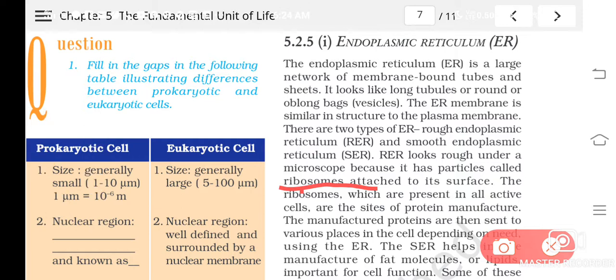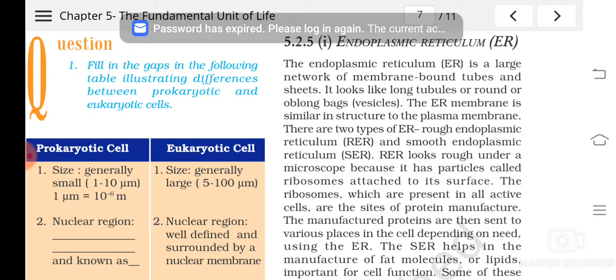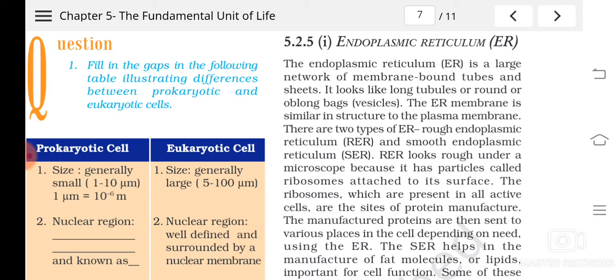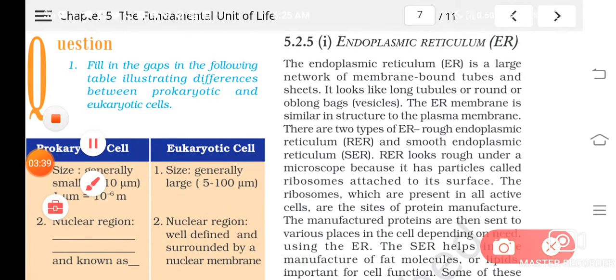RER looks rough under a microscope because of the ribosomes. SER does not have any ribosomes associated with it. The ribosomes present along with the RER are the site of protein synthesis.